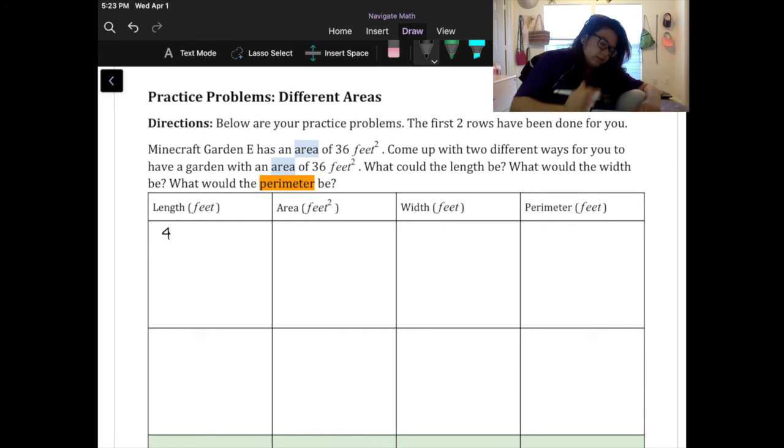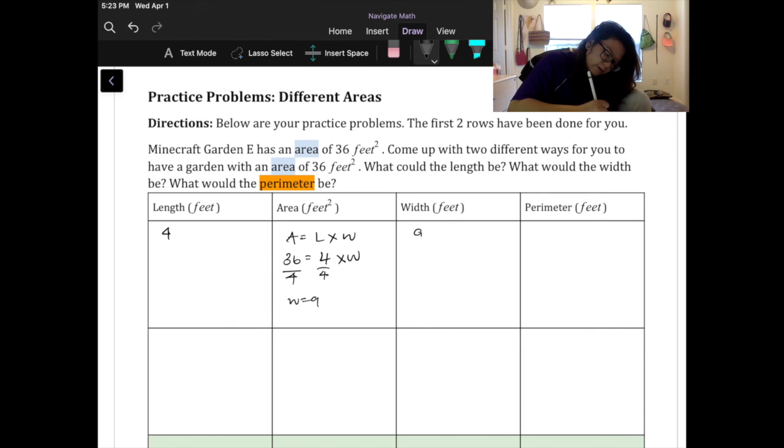And I'm going to find ways that I can multiply to get 36 so that it's easy for me to do. So let's say I have a length of 4. And I know that the area is 36, so area equals length times width. I know that the area is 36 and the length is 4, so I'm going to plug those into my equation. So 36 equals 4 times W. Divide both sides by 4, and I get W equals 9.